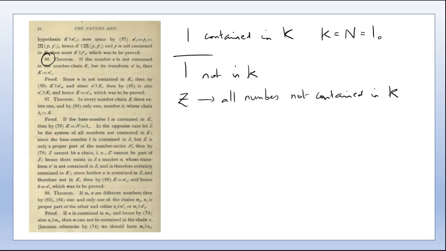Z is also going to be a part of the number series, but as we'll see, Z will not be a chain. Since the base number 1 is contained in Z, but Z is only a proper part of the number series n, then by 79, Z cannot be a chain.